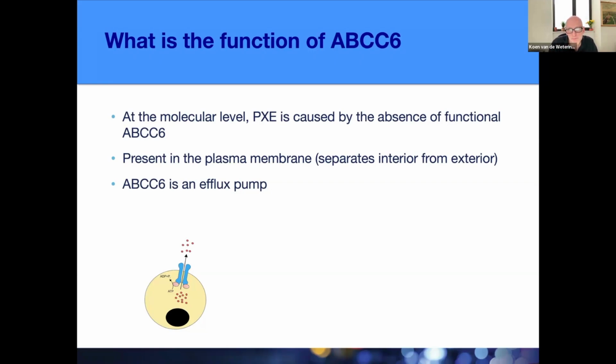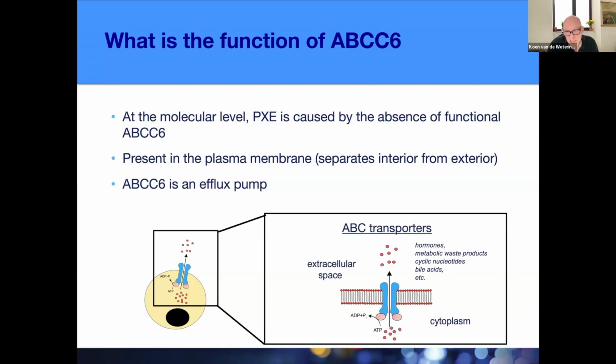And the plasma membrane separates the interior from the exterior. And what ABCC6 does in this plasma membrane is it functions as an efflux pump. So it pumps something from the inside of the cell into the extracellular environment, into the blood, basically.